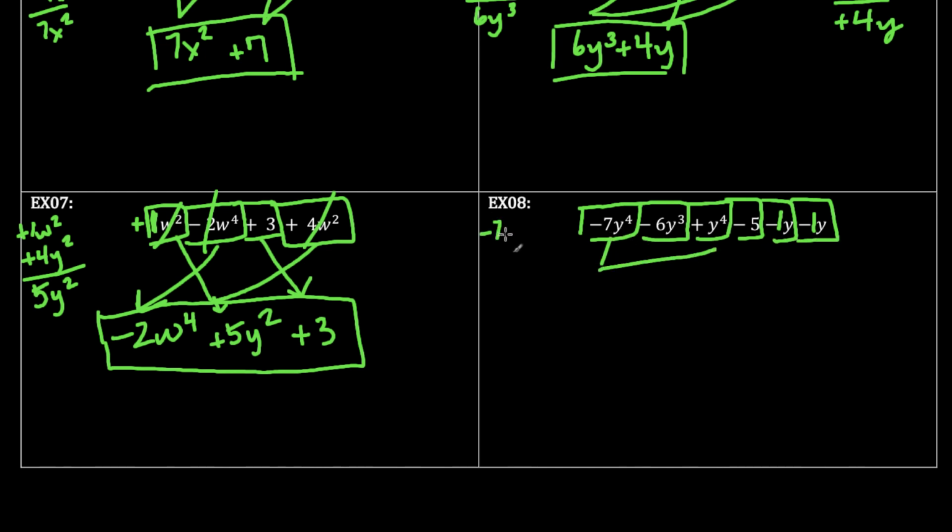So negative 7y to the 4th plus 1y to the 4th. So negative 7 plus 1 is negative 6y to the 4th.